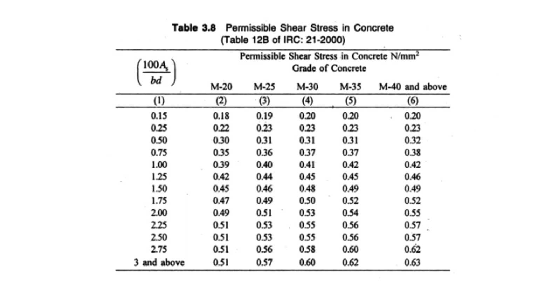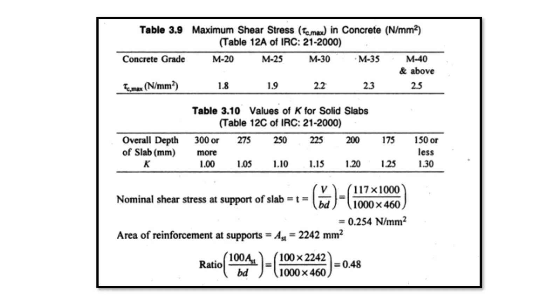For the percentage of tensile reinforcement 100 AS by B D, and for the different grades of concrete, the permissible shear strength of the concrete is given, along with the maximum shear stress values and the overall depth. The K factor depends upon the overall depth of the slab. For 300 mm and more, the K factor is found to be 1.